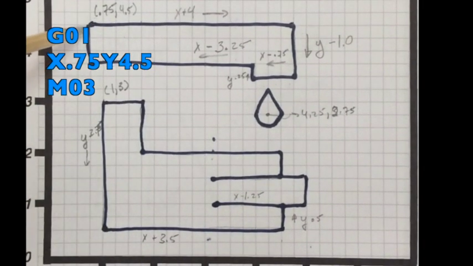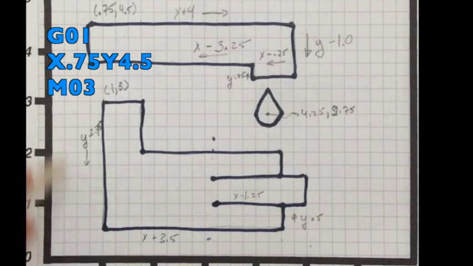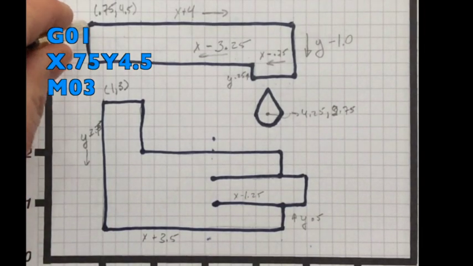So the code to get to here, to the point of 0.75 comma 4.5, then our x would only be 0.75 and then up 4.5, which would get you to there.